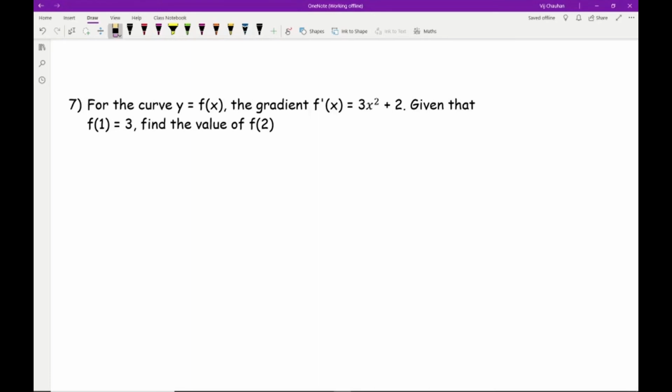Now let's just translate this into questions that we've previously done. So first things first, I've got my differentiated version, so this is my dy/dx, and this is what goes inside the integral.